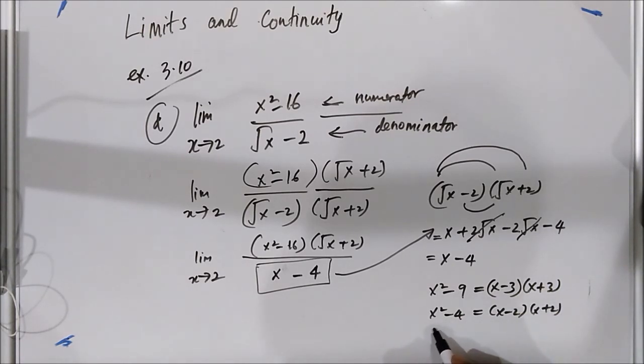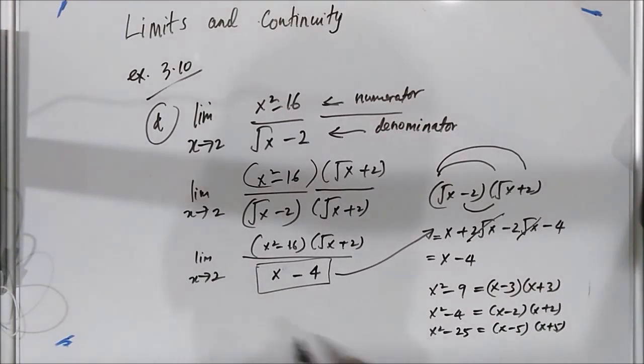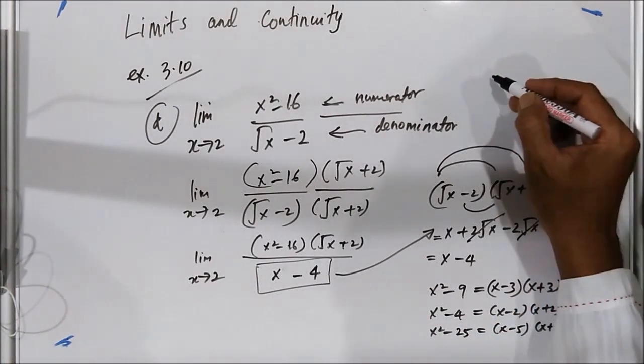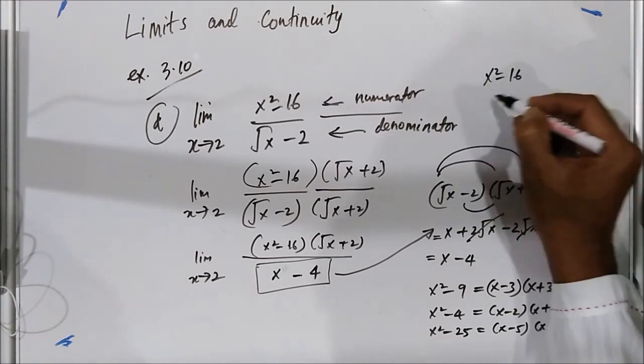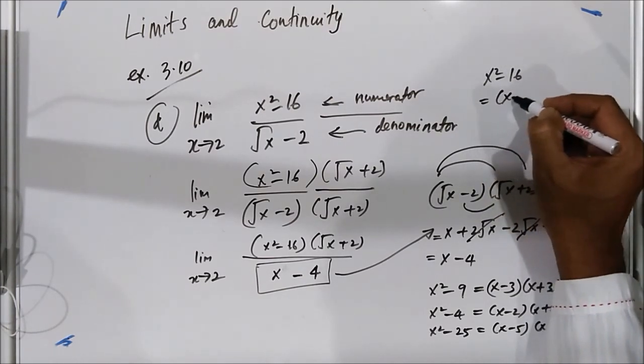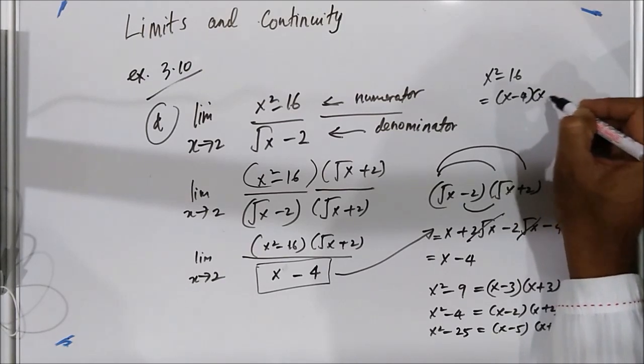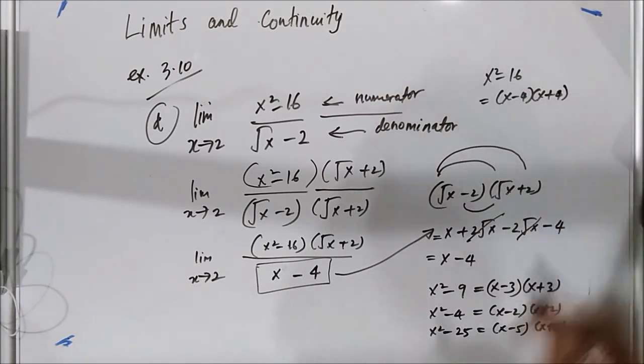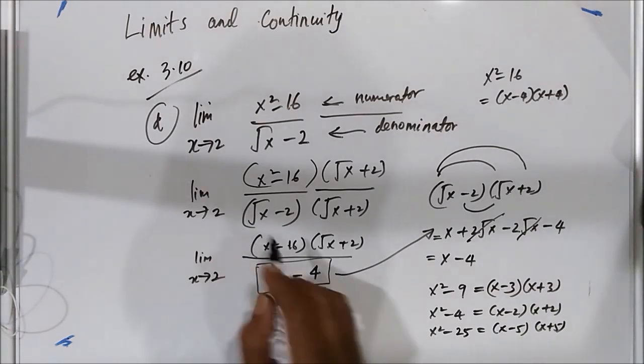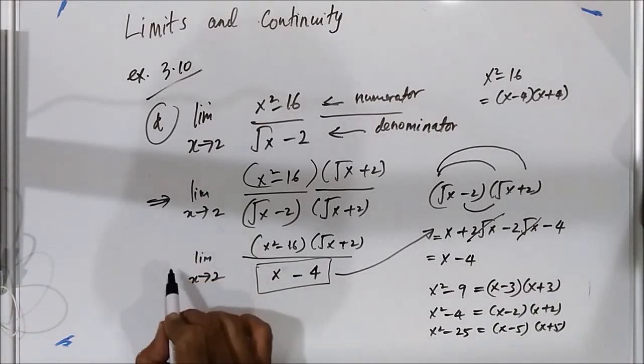If I have x squared minus 25, this is equal to x minus 5 times x plus 5. And x squared minus 16 is equal to x minus 4 times x plus 4. So you can write it like this.